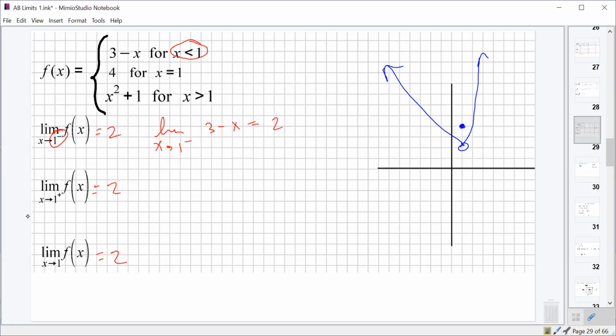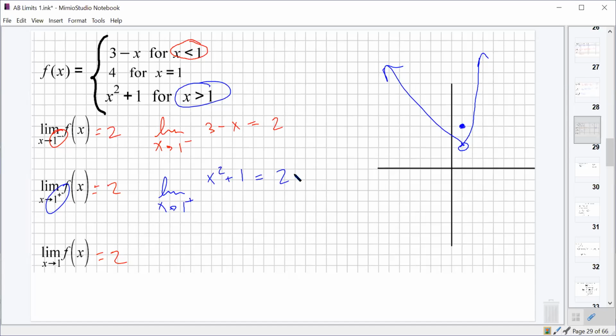And if we were thinking about the 1 from the right, we should be thinking about when x is greater than 1, which means we should use x squared plus 1, which also gives us 2. Everybody good with that algebraically also? Yep. Perfect. That's the only piecewise one we're going to do.